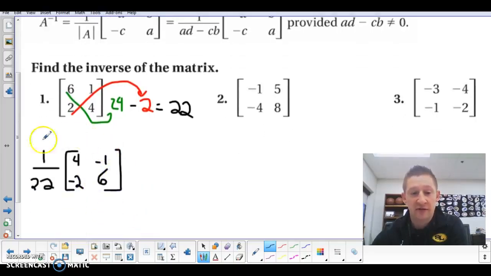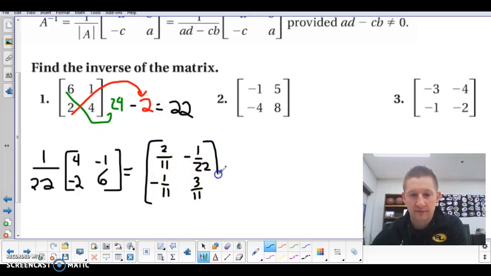Sometimes you'll see an inverse left this way, 1 over the determinant times the matrix, or you could distribute it. 4 over 22 simplifies to 2/11ths, and -1 over 22 stays -1 over 22, and -2 over 22 is -1 over 11, and 6 over 22 simplifies to 3 over 11. So there would be my inverse matrix.